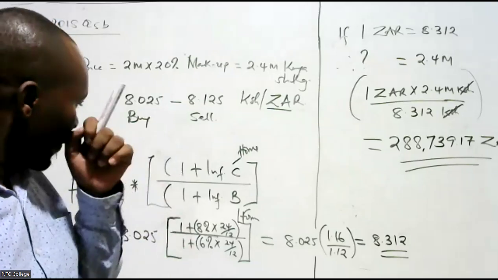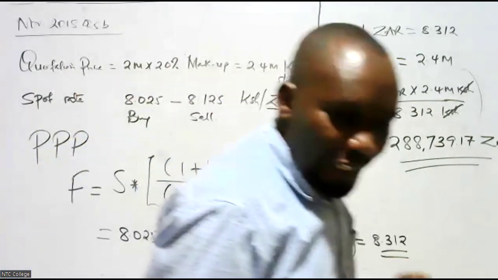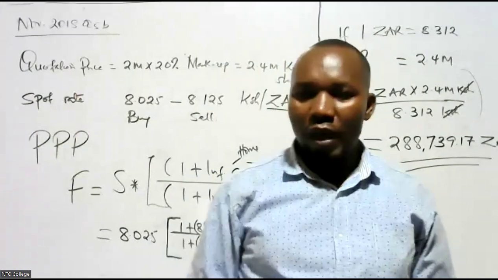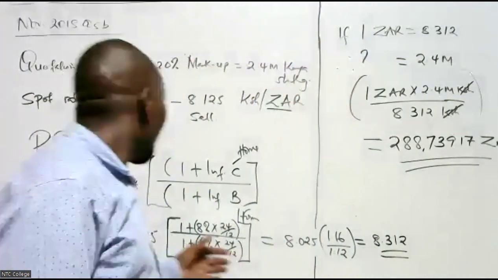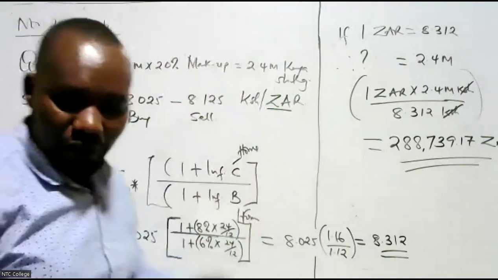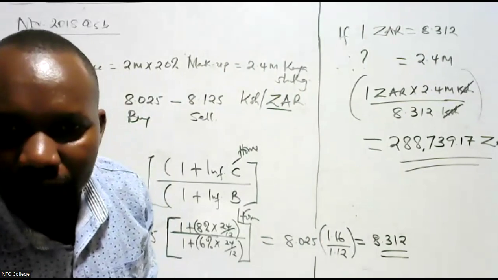Okay. If we now have to calculate it in money market, we have our forward rate. Can we try this thing in money market? Though the question has not asked. Do you think that utatoboa money market?